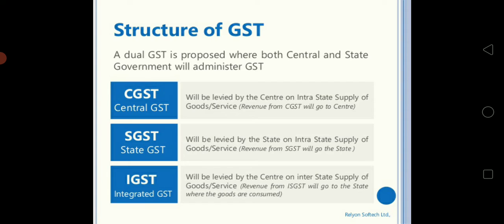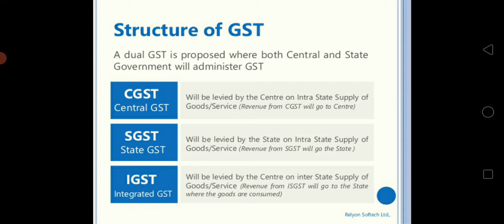That means it is charged by the central government for supply from one state to another state. An example for this is supply by a person from Punjab to another person in Haryana. IGST has replaced taxes like central sales tax. So this is the structure of GST in India.